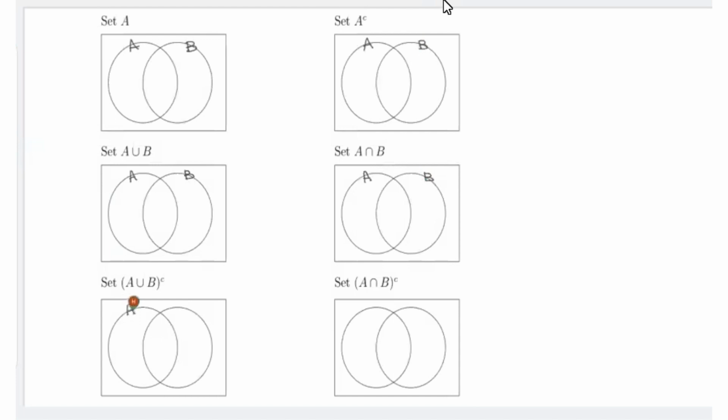Just shade the regions: set A complement, A union B, A intersect B, the complement of A union B, and the complement of A intersect B. So go ahead and see how much you understand.